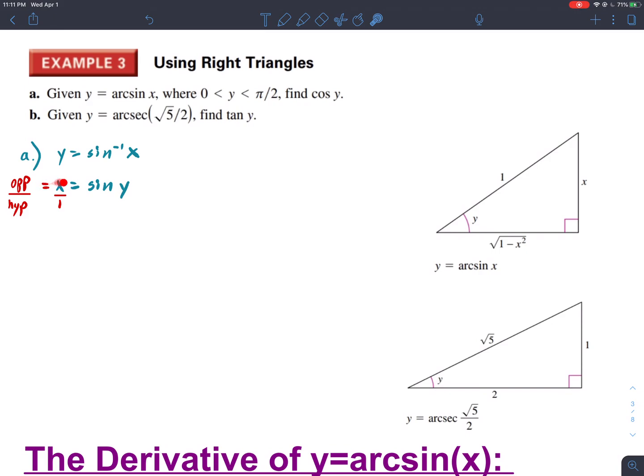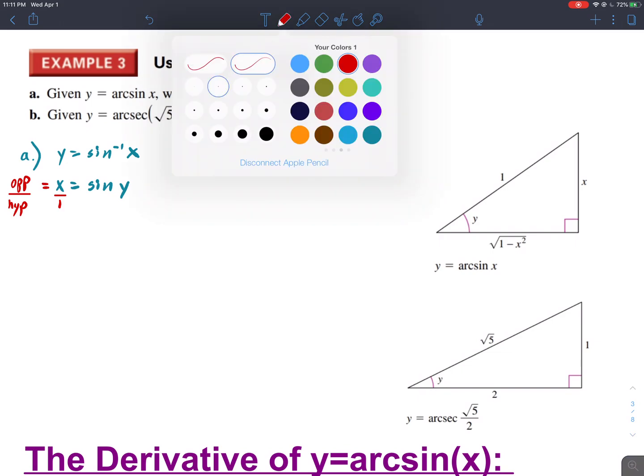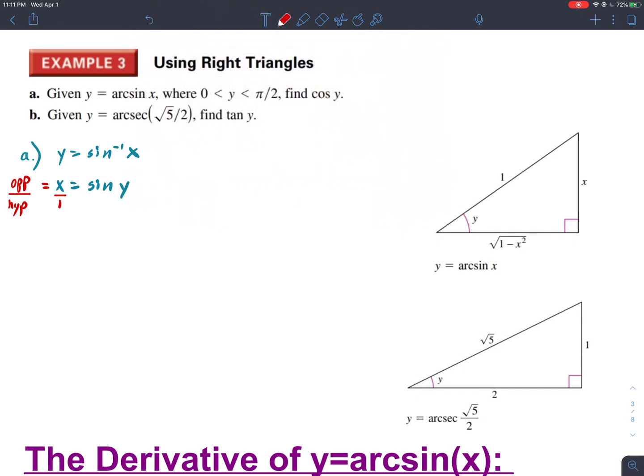So if I place that information on a triangle, like you see off here to the right, angle y placed here, opposite side x, hypotenuse 1, then using the Pythagorean theorem, I find that the adjacent side to my angle y must be square root of 1 minus x squared.